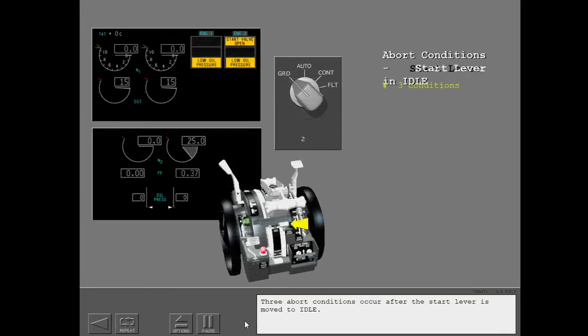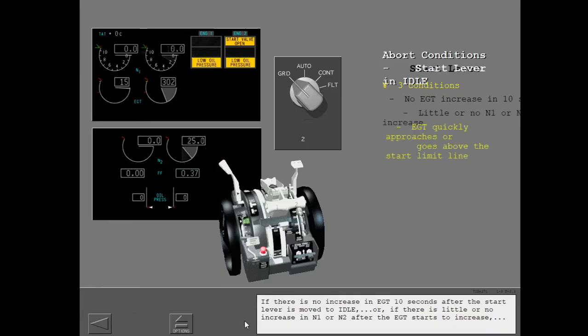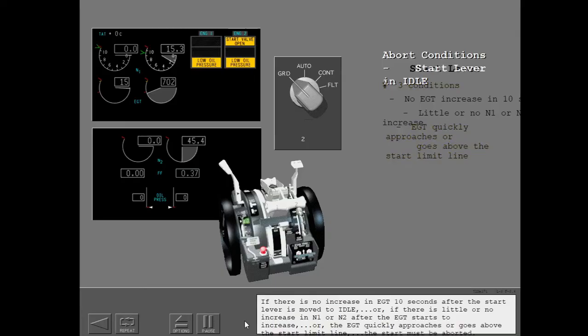Three abort conditions occur after the start lever is moved to idle. If there is no increase in EGT 10 seconds after the start lever is moved to idle, or if there is little or no increase in N1 or N2 after the EGT starts to increase, or the EGT quickly approaches or goes above the start limit line, the start must be aborted.